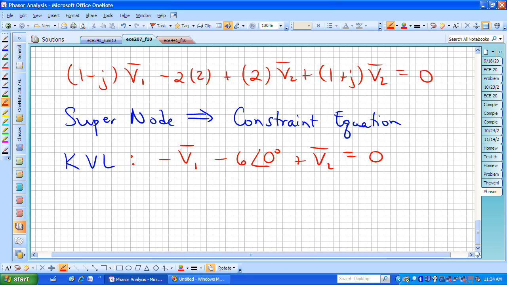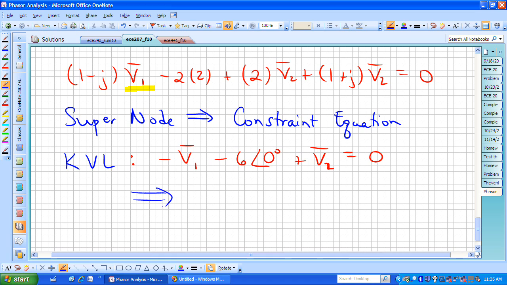And really we're looking for I naught, which is the current through that vertical resistor on the right, and that actually had V2 voltage dropped across it. So let's solve for V2 in these two equations, which means with this constraint equation, let's solve for V1 and use that V1 relationship in terms of the source and V2 to replace the V1 in this particular equation.